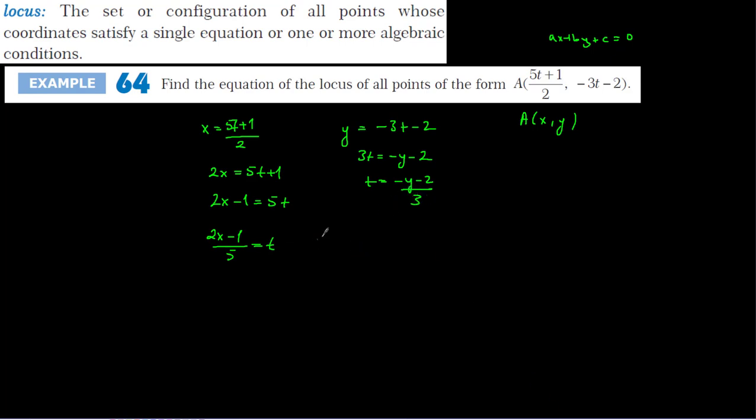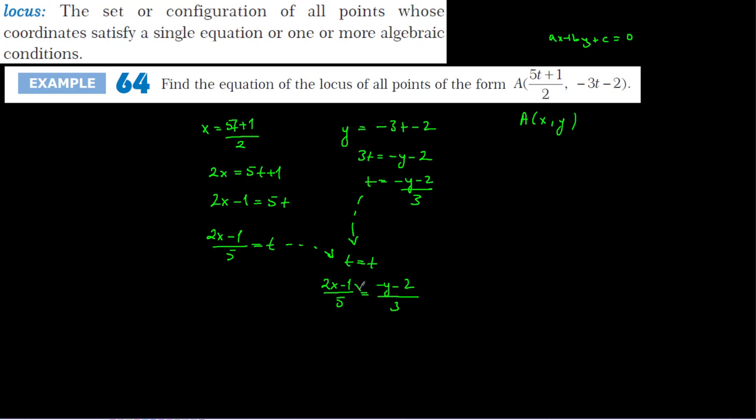From these two we can get the result now. These two are equal to each other, since t is equal to t, which means that, if I write it down it will be better, 2x minus 1 over 5 should be equal to minus y minus 2 over 3.